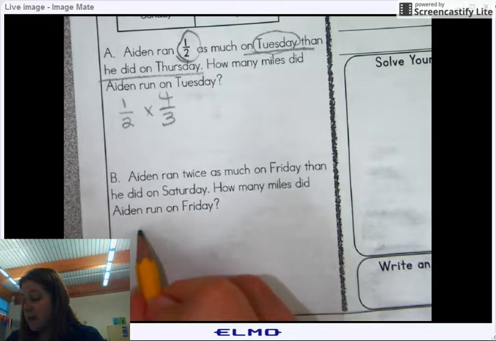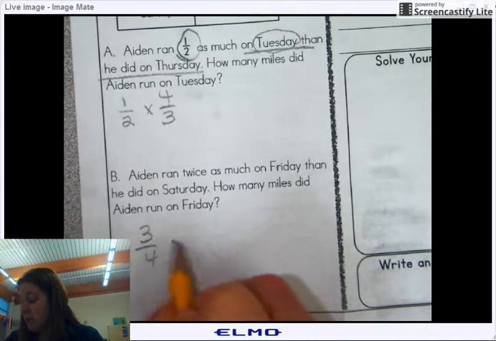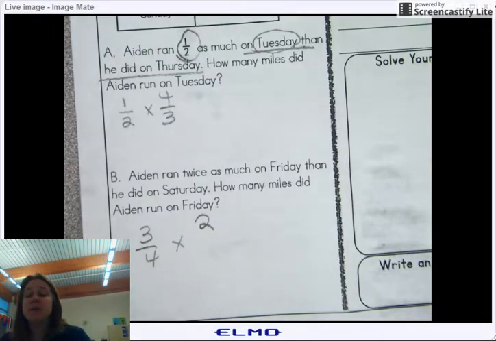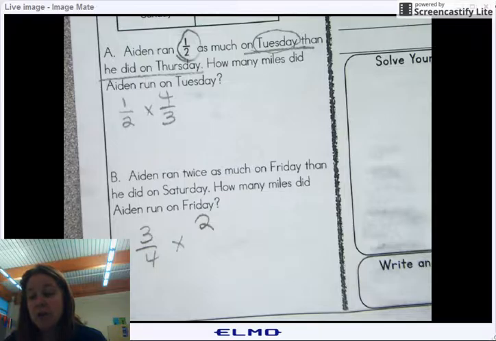So you need to look at Saturday's data, which is 3/4, and you need to times it by 2. Think about what goes under 2. Take a moment and solve that. If it is an improper fraction, please make sure that you reduce it and you also change it into a mixed number. That's the only way I will accept it on Edpuzzle, because by now you guys should know how to do an improper fraction and a mixed number.